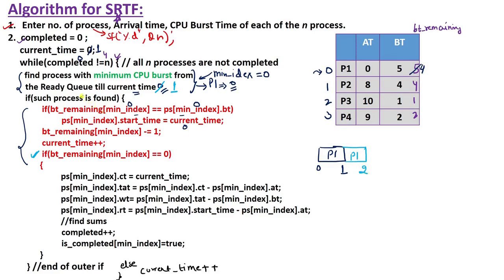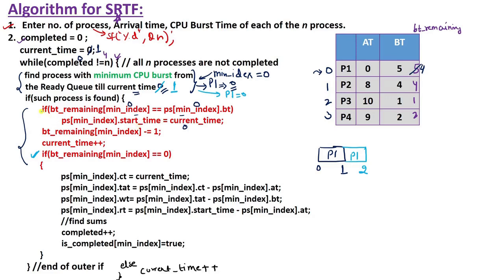Here you can see we just selected P1, we come inside and we say, okay, such process is found having the index 0. Then we matched the remaining and the actual burst time. Remaining is 4 and actual is 5, so both will not match, so this if will be false. This is also correct because we will not initialize the start time again and again.